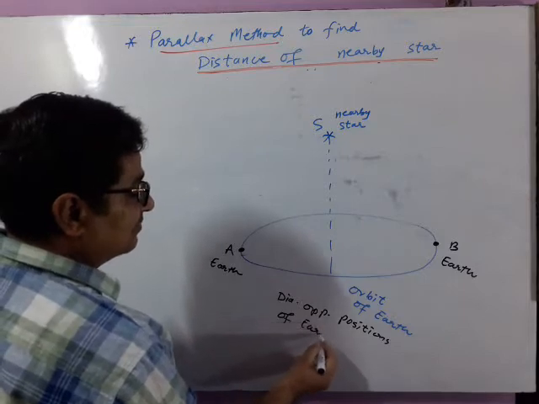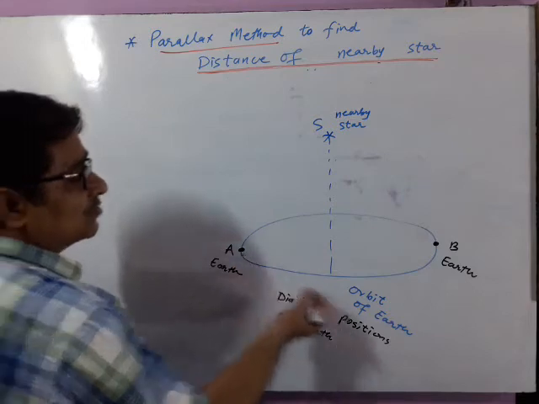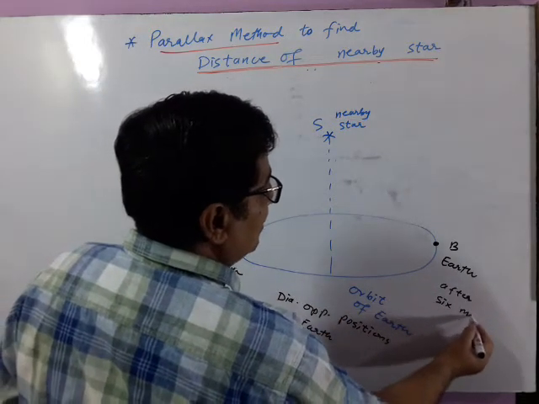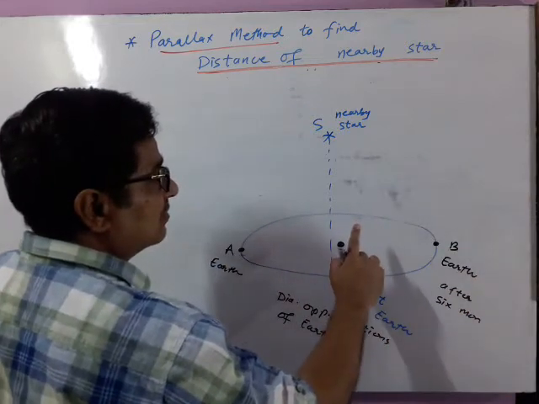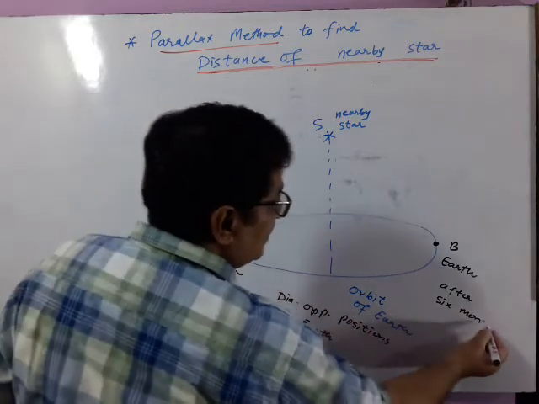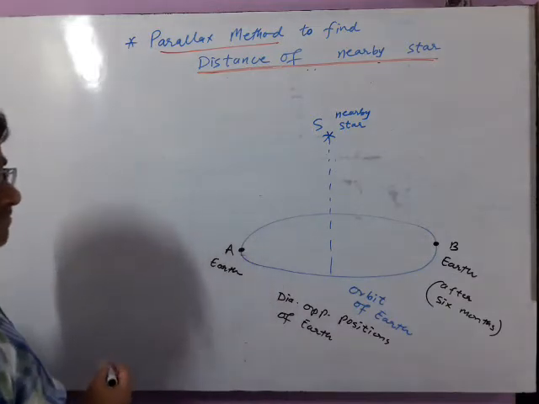of Earth. You can say this is today, so this is after 6 months. Earth is revolving around the sun in 1 year. So after 6 months, it will be at the diametrically opposite point.